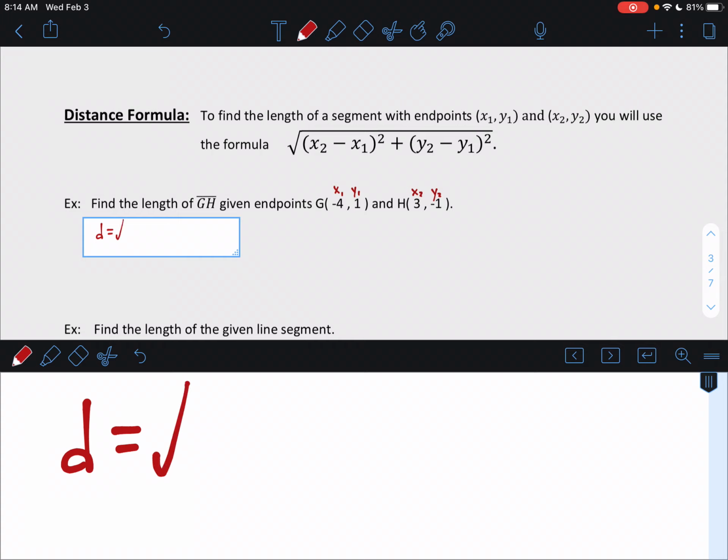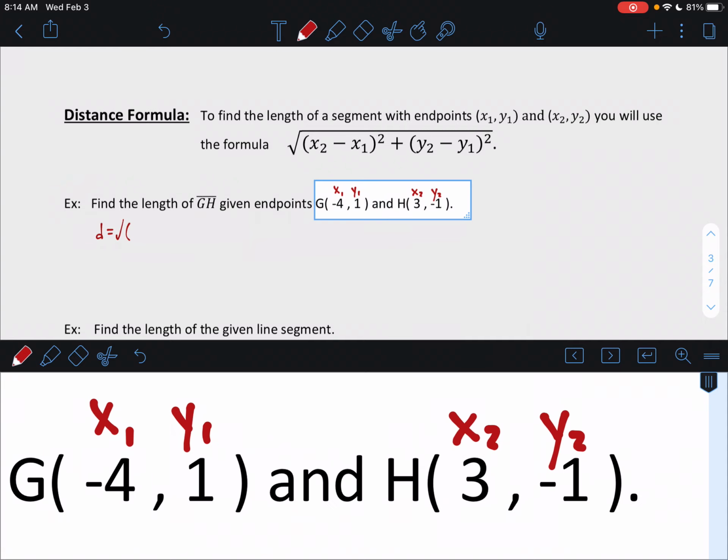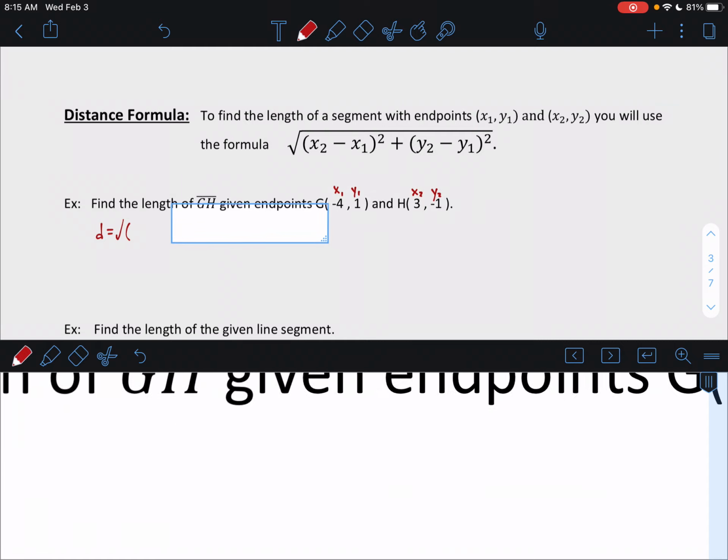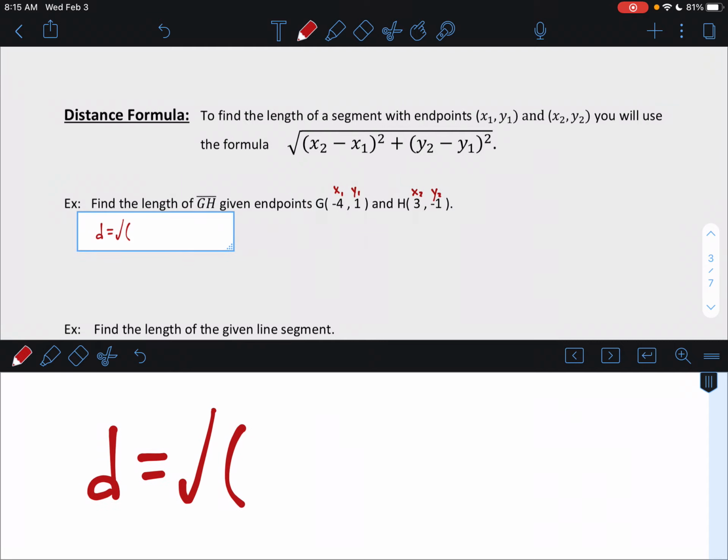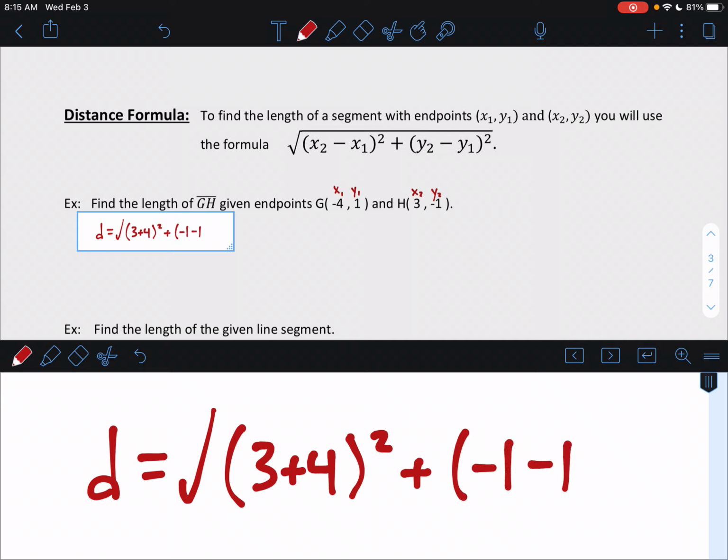So distance is going to equal x2 minus x1. So x2 is 3, x1 is -4. 3 minus -4 is the same as 3 plus 4, squared, plus y2 minus y1. So y2 is -1 minus y1, squared.